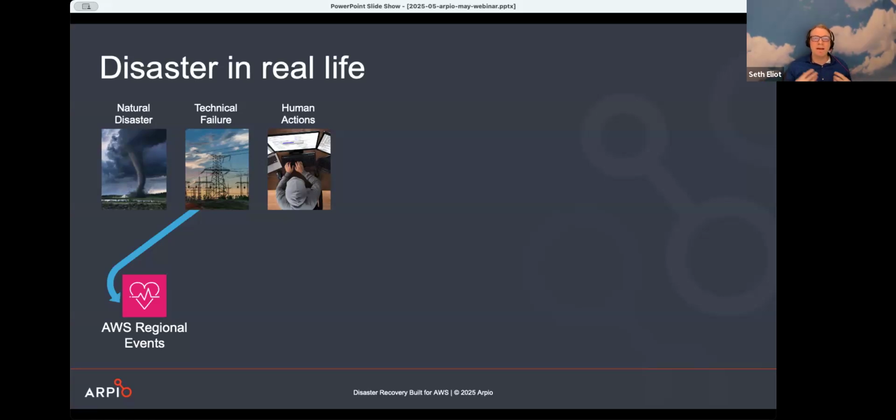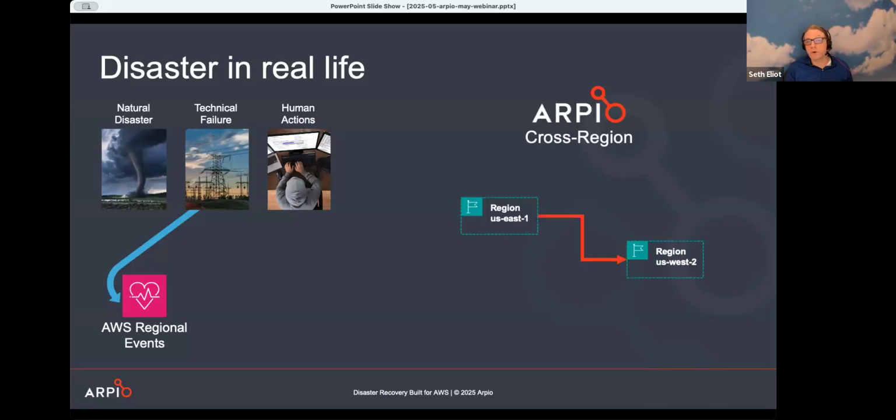What's more likely is that there's been a bad deployment by the cloud provider, some network glitch, or some major structural damage to the data centers in that region that's causing something to go on. A service is down, a service is overall degraded, and that means you can't run your workload there. And this happens. It's not frequent, but it happens. And in that case, you're going to need to fail over cross region, and RPO enables that.